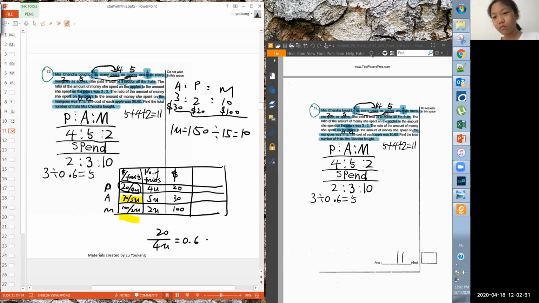Okay, so 1u is equal to how much? So 20 is equal to 2.4u. So 1u is how much? 20 divided by 2.4. So the answer is 25 over 3, or 8 1/3.